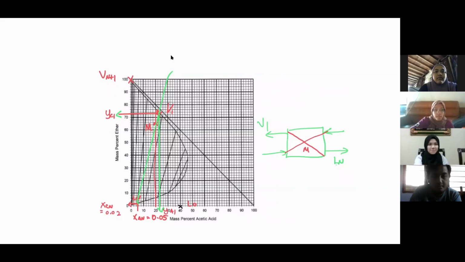I haven't explained the stages yet because the graph is really complicated and I need another session to explain that. But at least you should know how to draw and label L naught or your feed stream, your raffinate stream, your solvent stream, and your extract stream together with the mixture coordinates. That is very important for the first step.